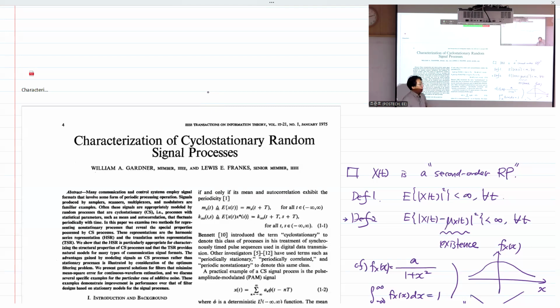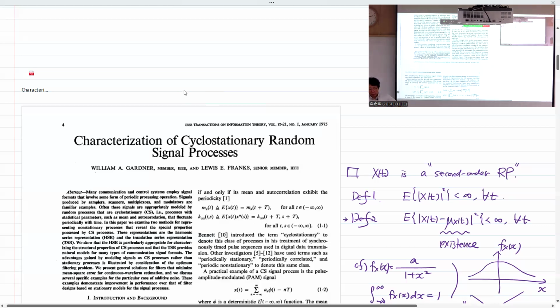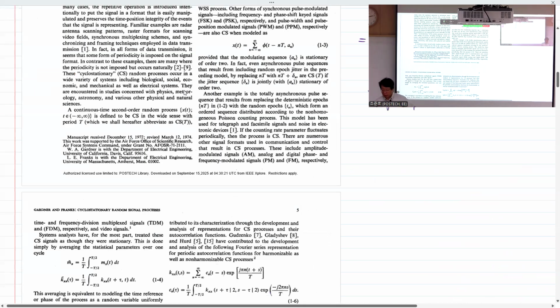Of course, if you assume the existence of a mean path and you define this as the definition of the second order random process, actually that definition is the same as definition 2. Got it? Anyway, so let's say that we have a second order random process with a well-defined mean path.